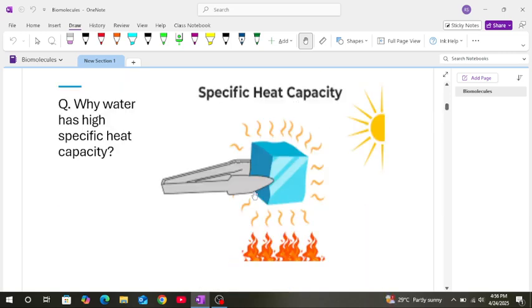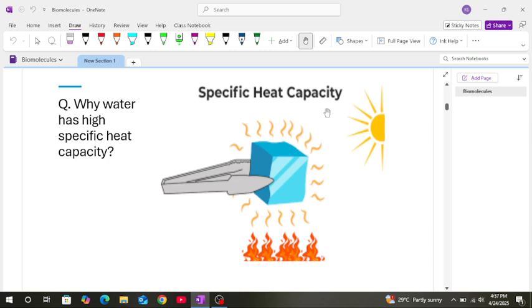If we want to understand the high specific heat capacity, we can understand from this particular diagram as well. This is the cube of water, and we are giving energy, external heat, and this heat is required to raise the temperature by 1 degree centigrade.